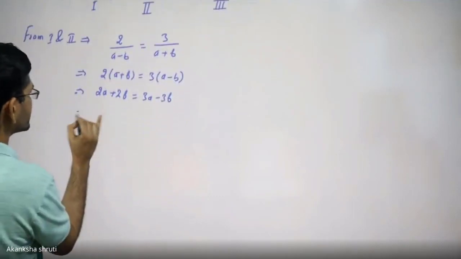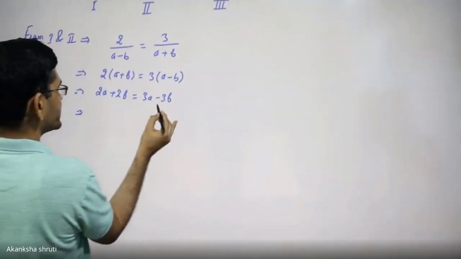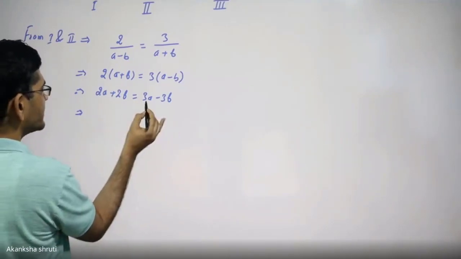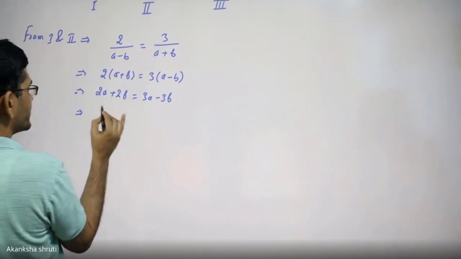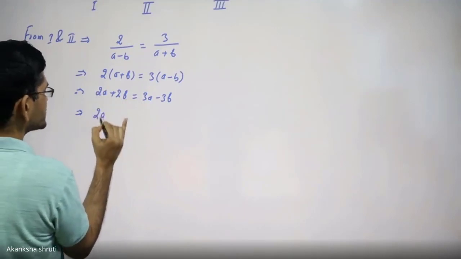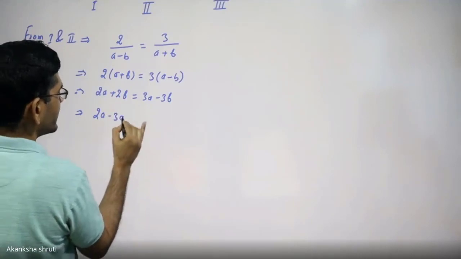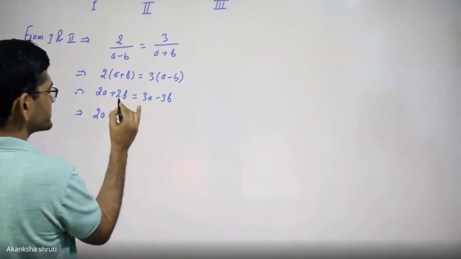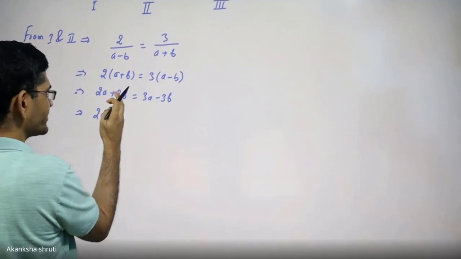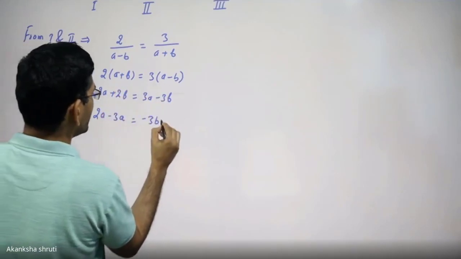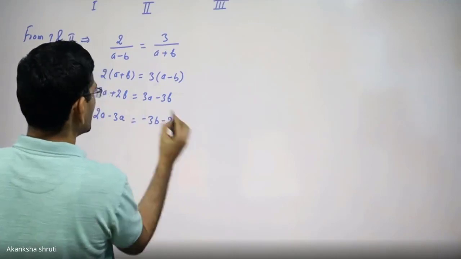Go for further simplifying, or bringing the A and B on one side. Let us bring this 3A on left hand side. 2A minus 3A. You may also keep this on the right hand side also. Minus 3B minus 2B.